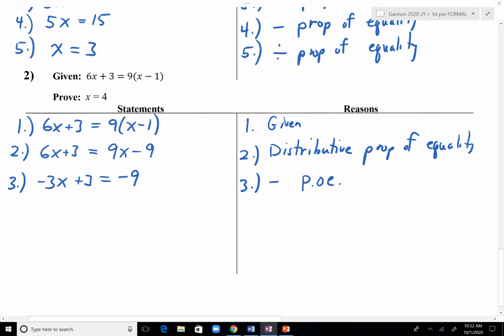Property of equality. For number 4, we're still working on getting x alone. We're going to take care of this plus 3, and we're going to subtract 3 on both sides. -9 - 3 is -12. Again, we subtracted, so that's the subtraction property of equality again.